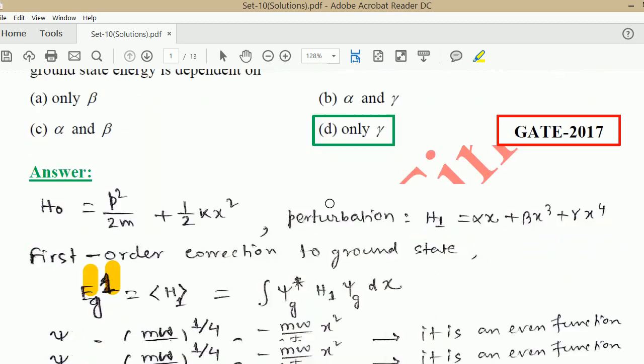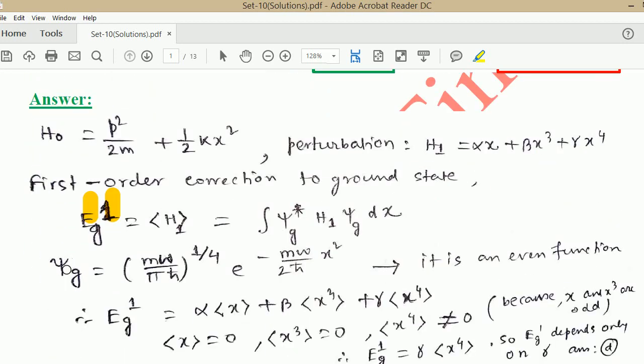The ground state wave function is (m omega by pi h cut) to the power 1 by 4, times e to the minus m omega by 2 h cut x square. So basically it is an even function.